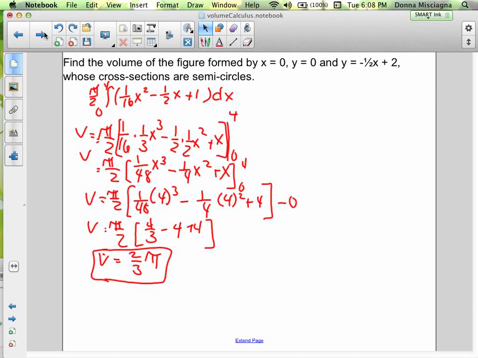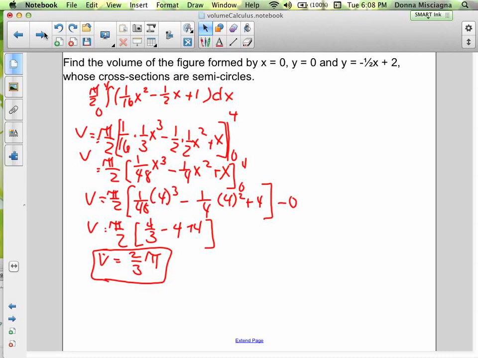It's a good idea to put the minus 0 in there to show that you're supposed to plug in the upper minus the lower, but the lower just gives you 0. So we have 1/48 times 4 cubed, which gives us 4/3.